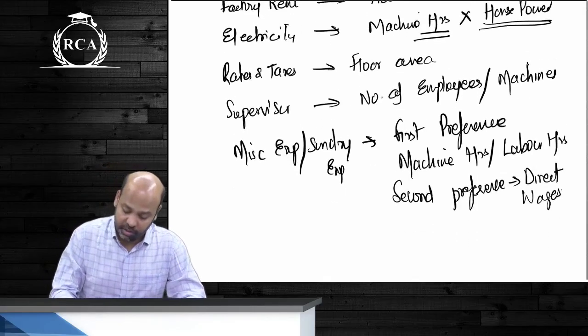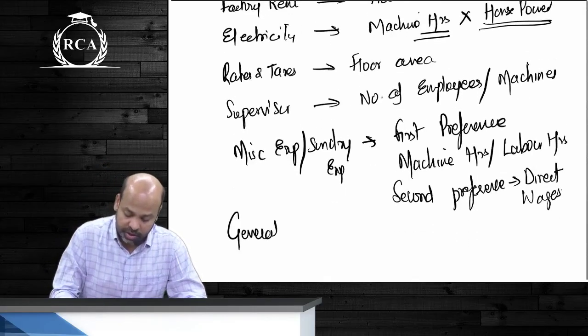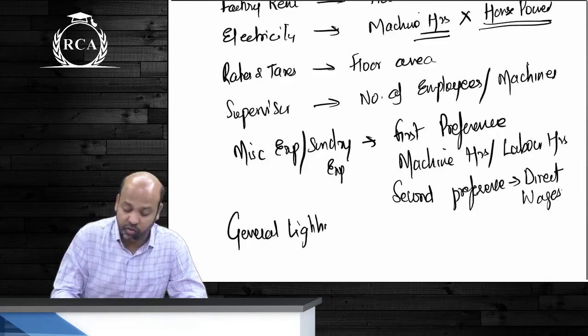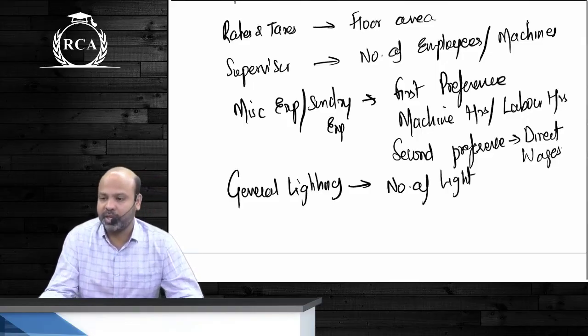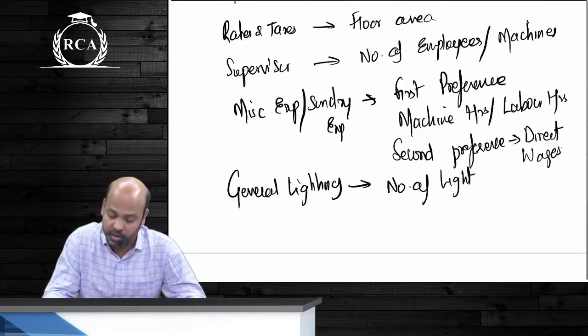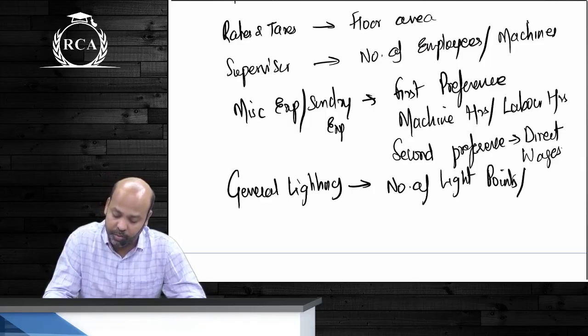If general lighting is given, beta, general lighting is not an expenditure consumed by machines. So this can be done either on the basis of number of light points or floor area. Higher the area, higher will be the light points.